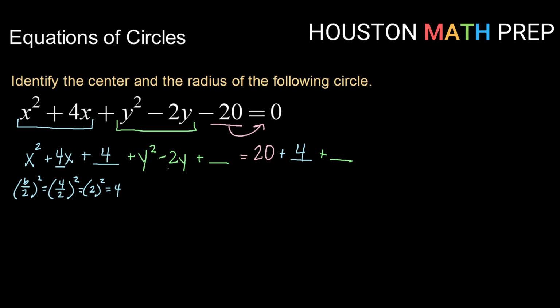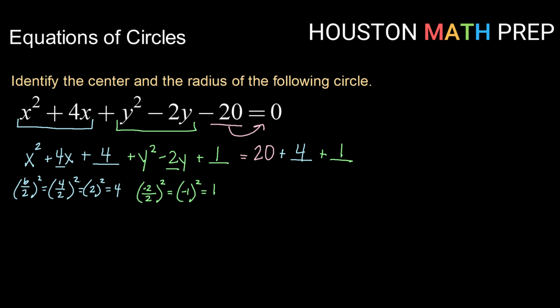Now I'm going to repeat that process for my y's. So for the y's, b is negative 2 over 2, and then I'll square that. So negative 2 over 2 is negative 1 squared. Negative 1 squared makes a positive 1, so both to the left and to the right, I'm going to add positive 1.